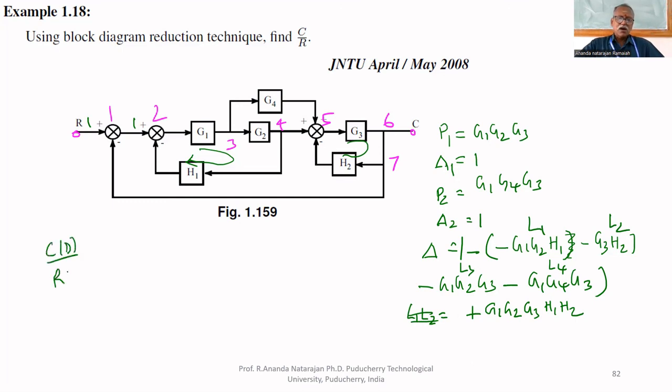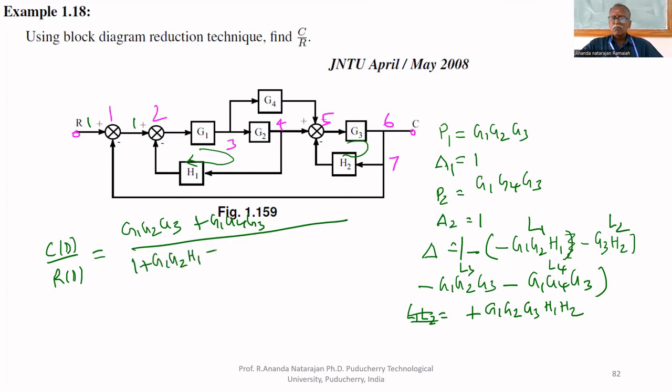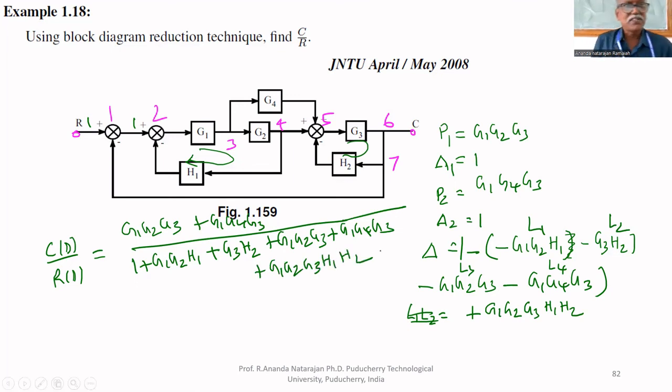C of S upon R of S equal to G1, G2, G3, delta 1 is 1, that's why I am ignoring, plus G1, G4, G3 upon 1 plus G1, G2, H1 plus G3, H2 plus G1, G2, G3 plus G1, G4, G3 plus G1, G2, G3, H1, H2. That's all. We got the transfer function.